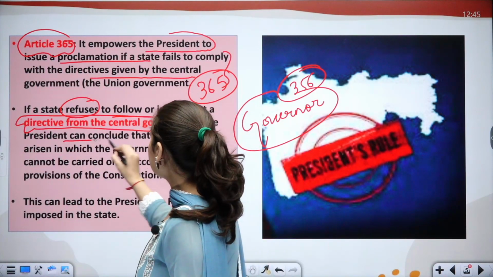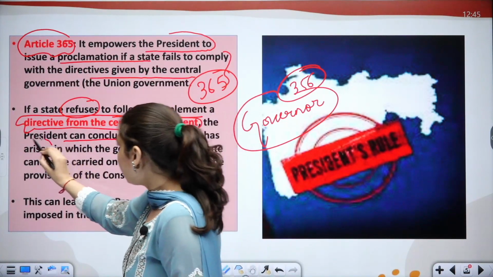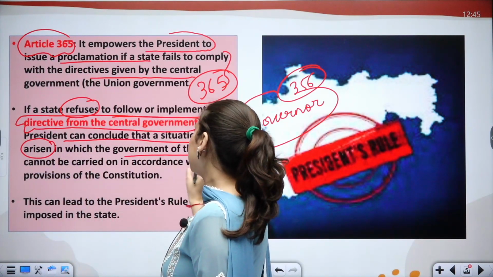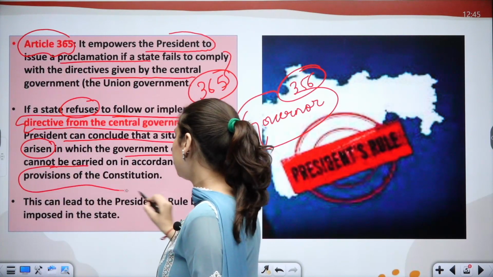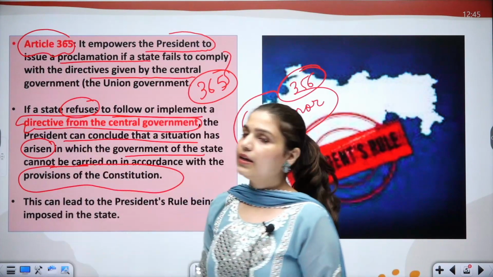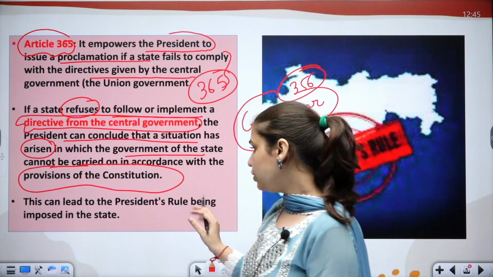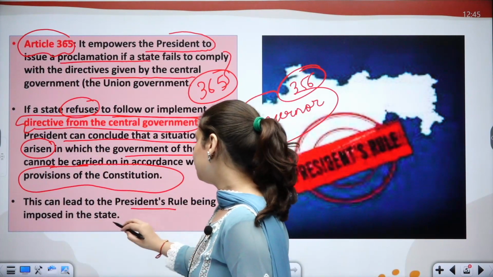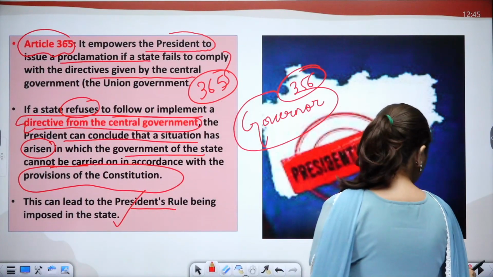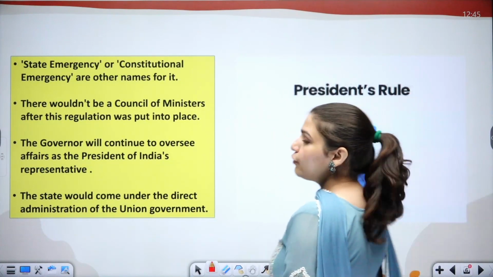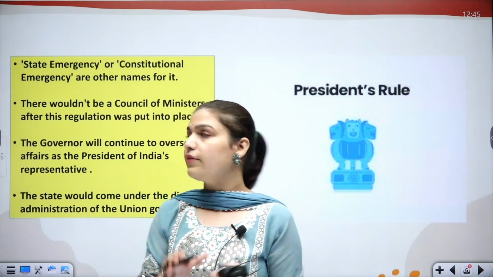The President can conclude that a situation has arisen in which the government of the state cannot be carried on in accordance with the provisions of the Constitution, and thus he can impose President Rule. I hope the difference between Article 356 and 365 is clear to you.